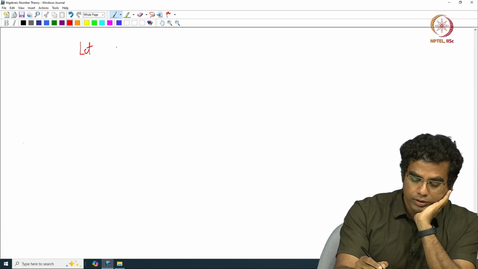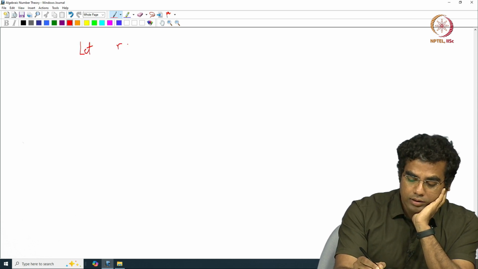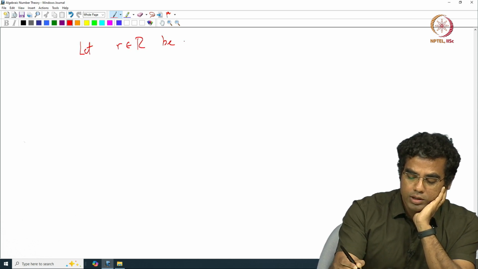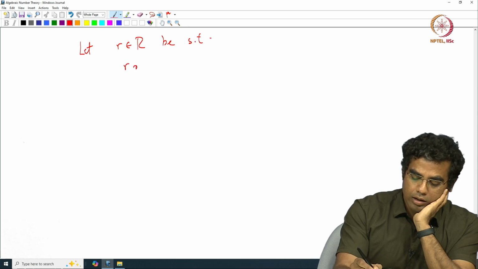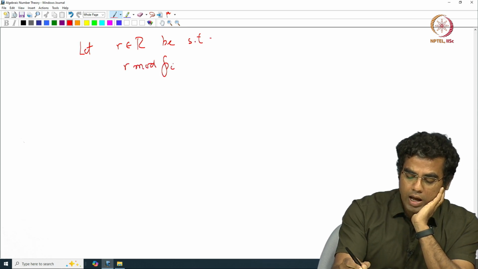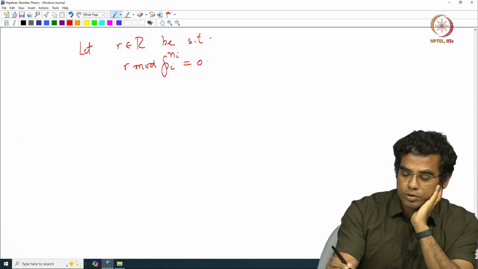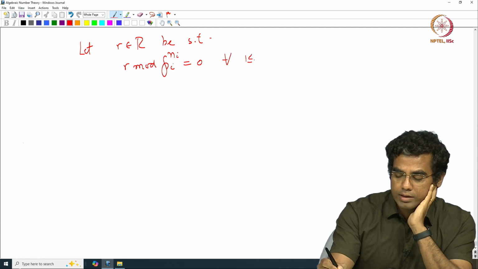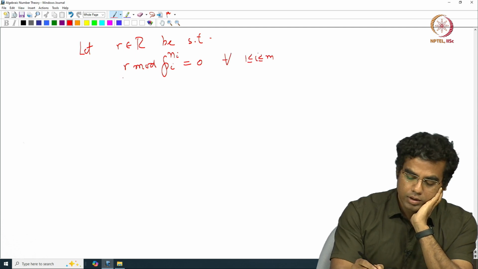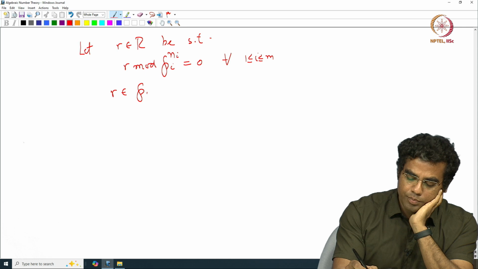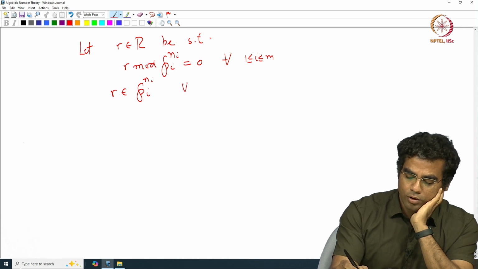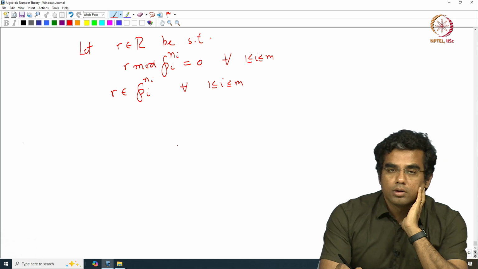So, let r in R be such that r mod Pi to the Ni is equal to 0 for all i between 1 and m. This means that r is in Pi to the Ni for all i between 1 and m, right.